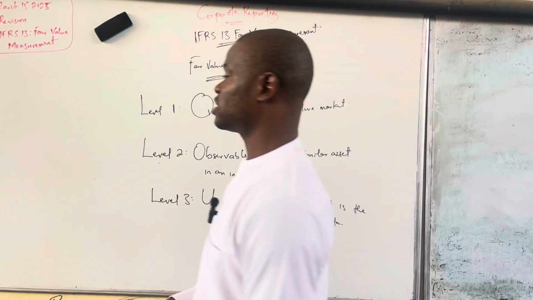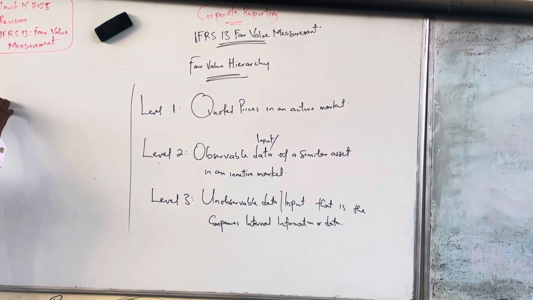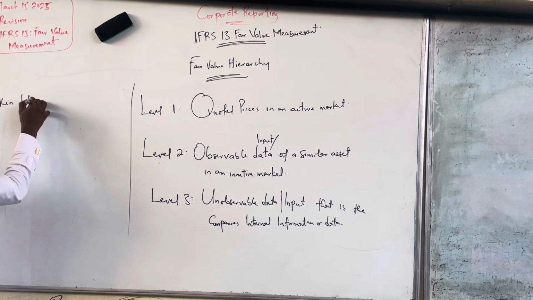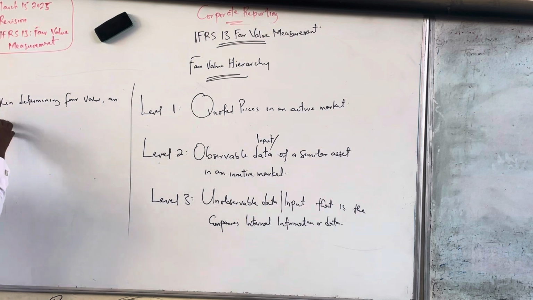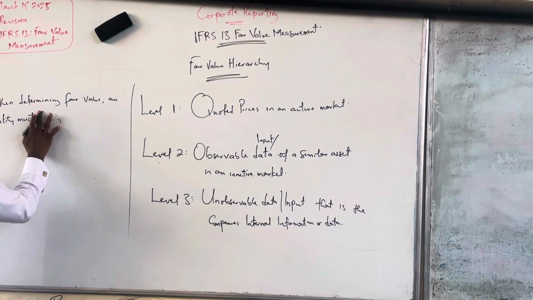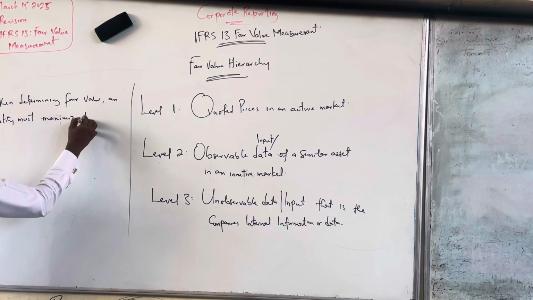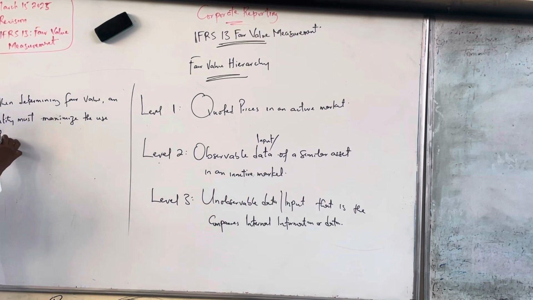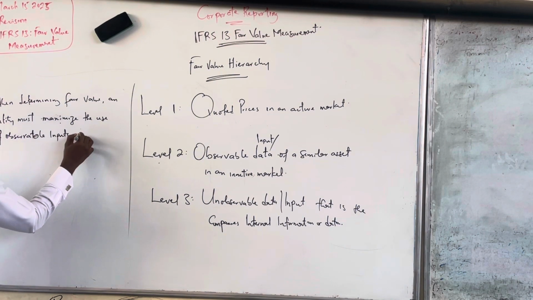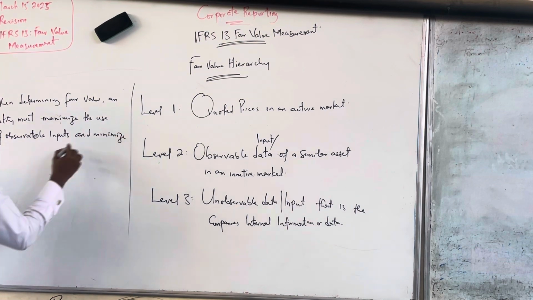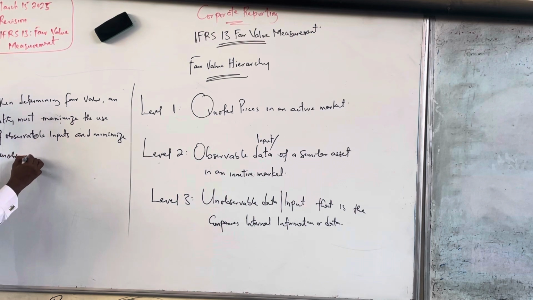Because IFRS 13 says that when determining fair value, an entity must maximize the use of observable inputs and minimize unobservable inputs, so we really do not want to use unobservable inputs.